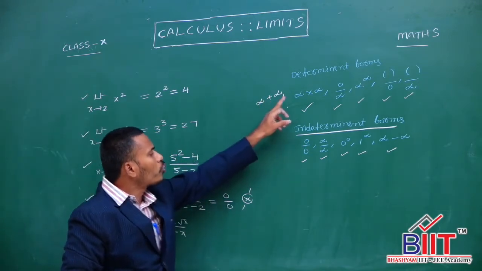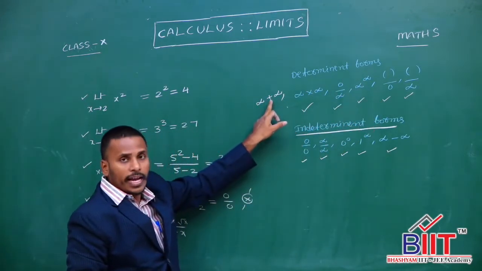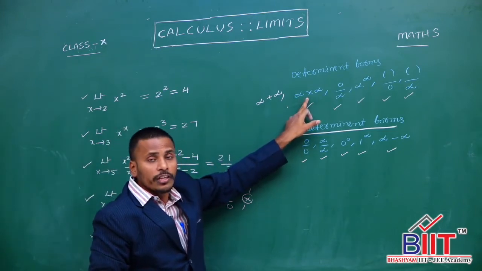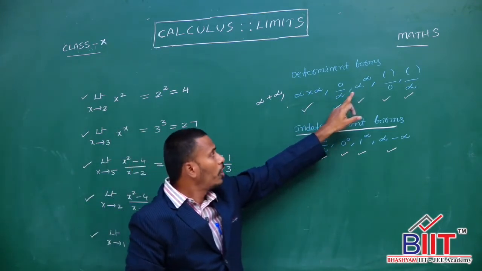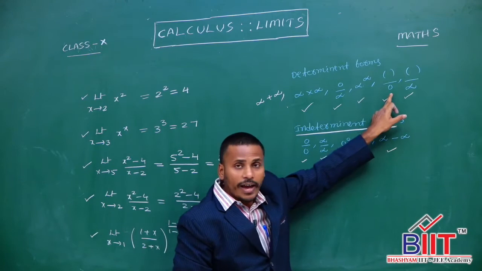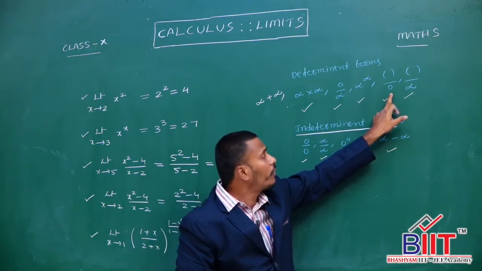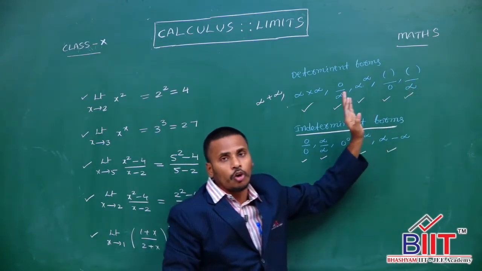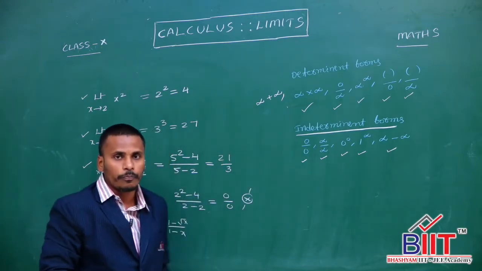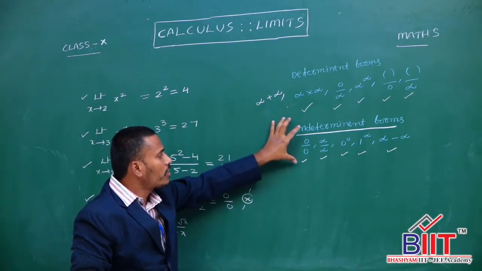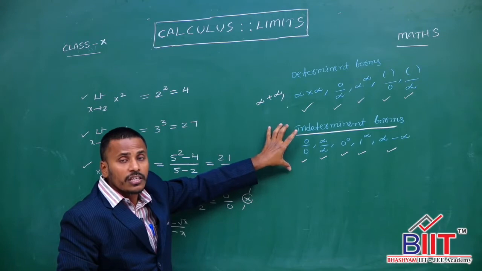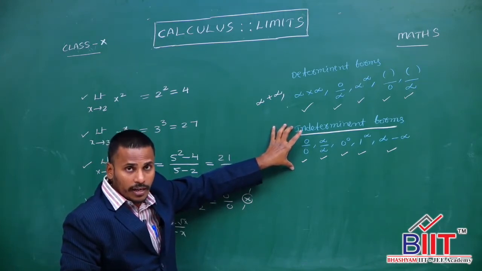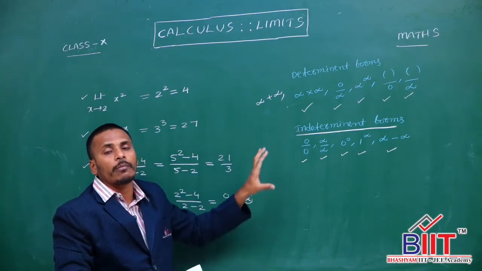These values are determinate because their values are infinity or 0, where something by 0 is infinity, and something by infinity is 0 if that something is a finite value. These are all determinate forms and these are all indeterminate forms. Since these forms have no sense in mathematics, we need to avoid those indeterminate forms.